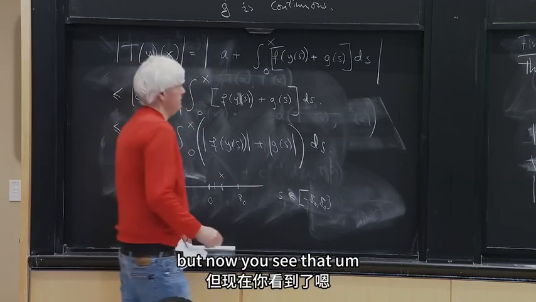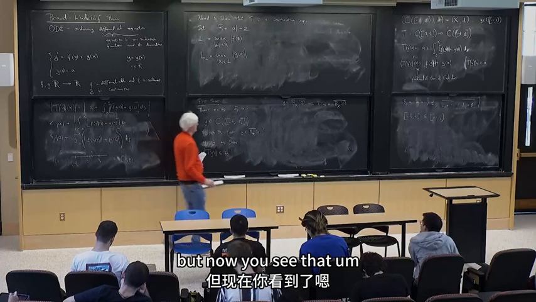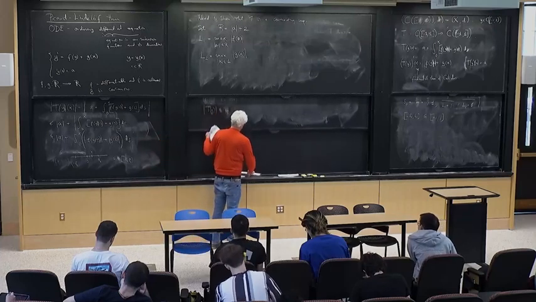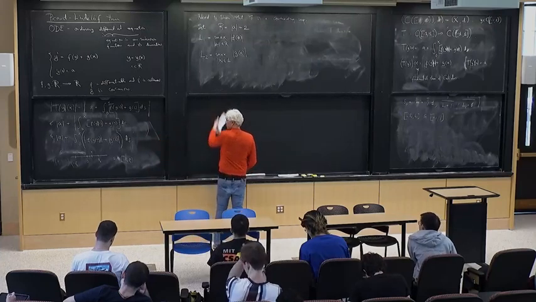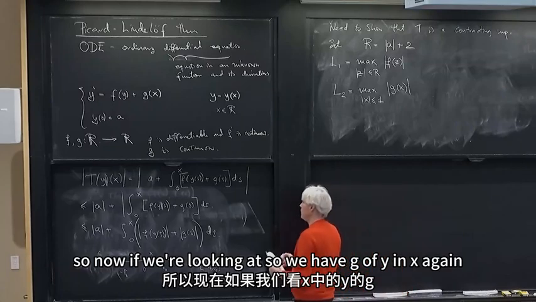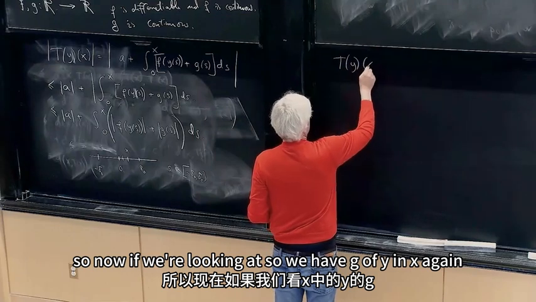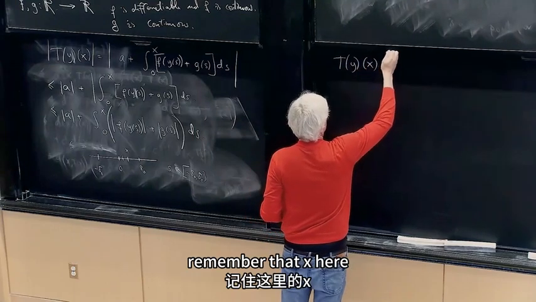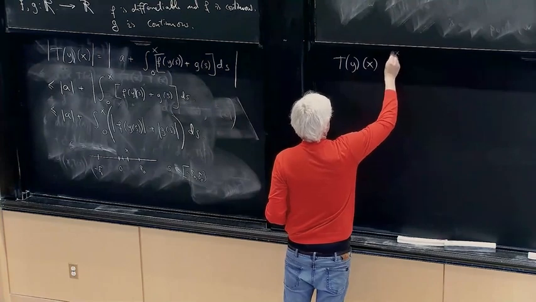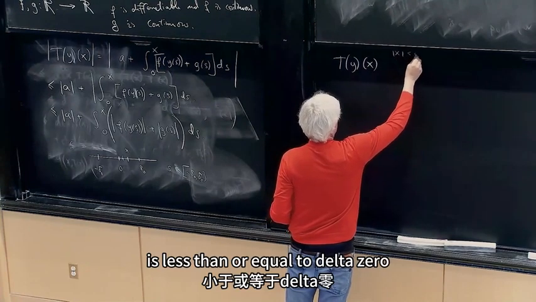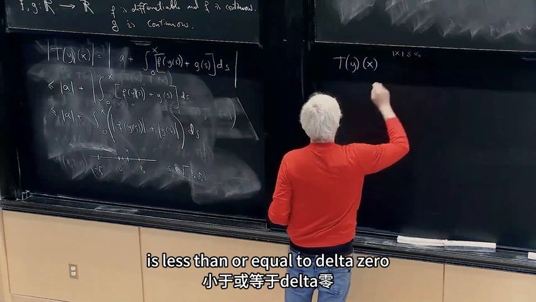But now you see that, if we're looking at T of y at x, again remember that |x| is less than or equal to delta 0.